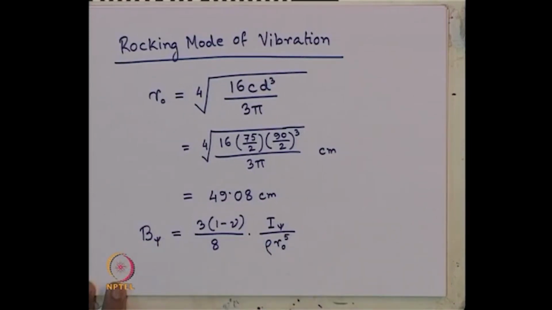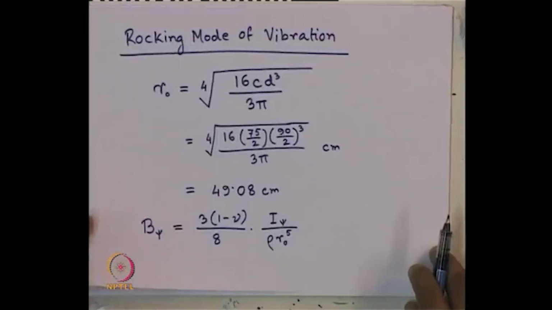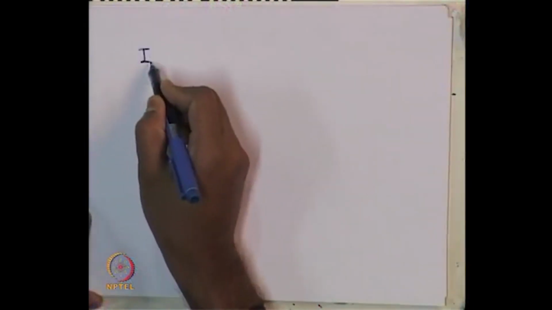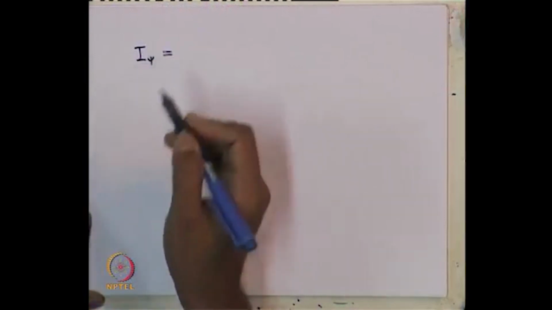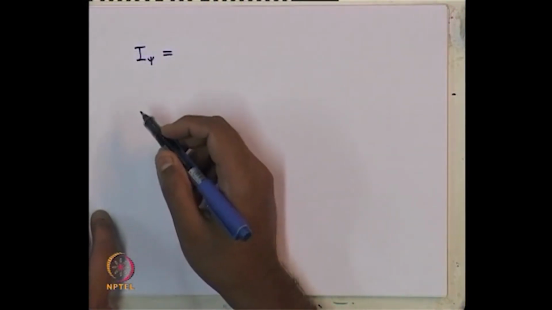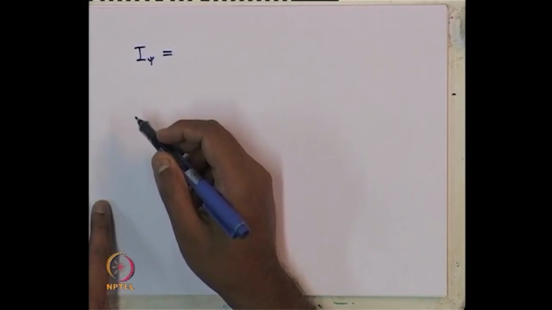Am I right? This is the expression for rocking mode of vibration. Now, what is the expression for I psi? I psi is nothing but mass moment of inertia.